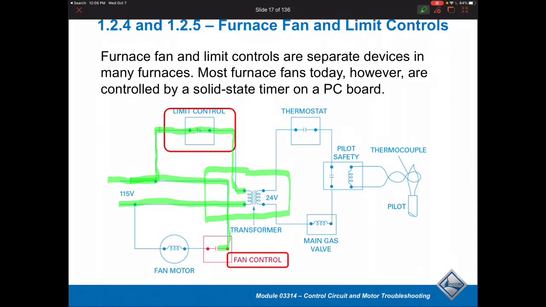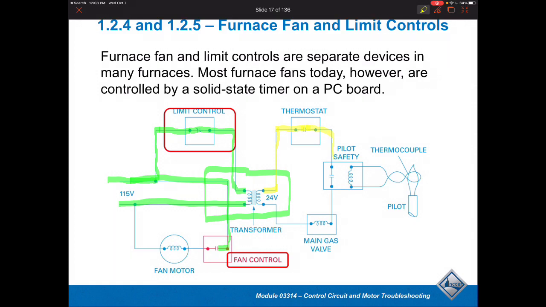And this would be one simple way to do it. Now, on a normal system that's functioning correctly, we would expect our low voltage side to drop down to 24 volts maybe. We'd go through the thermostat.